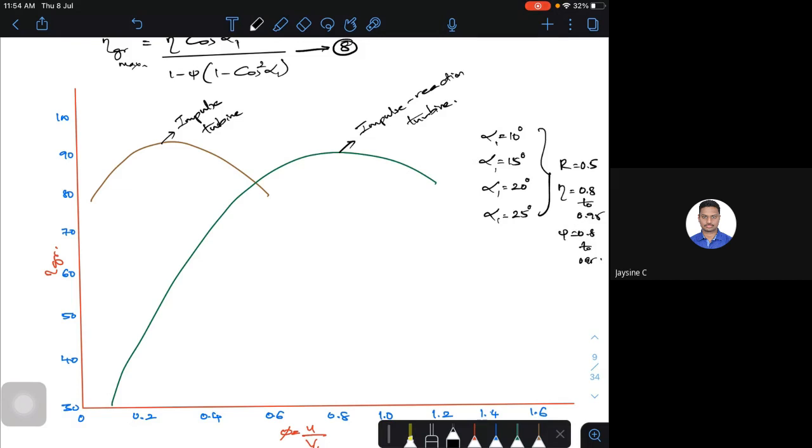What I have shown is for one particular value of alpha. When you're trying to compare, put the plot for the same alpha 1. If I consider alpha 1 for your impulse machine as 10 degrees, then for the reaction machine also 10 degrees. If it is 15 degrees, here also 15 degrees. Try to do it for 3 different cases minimum.